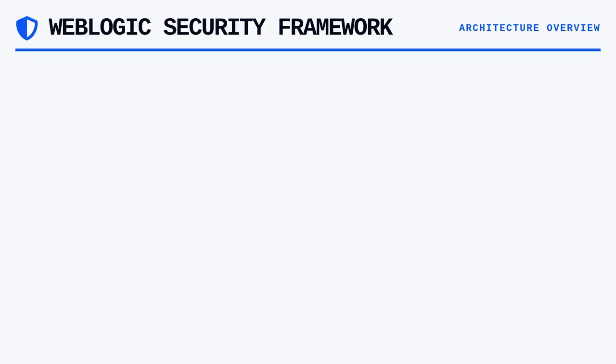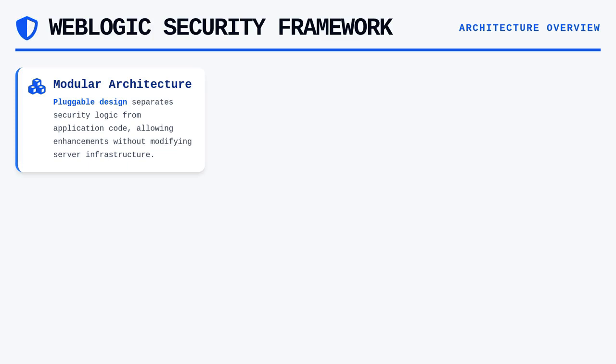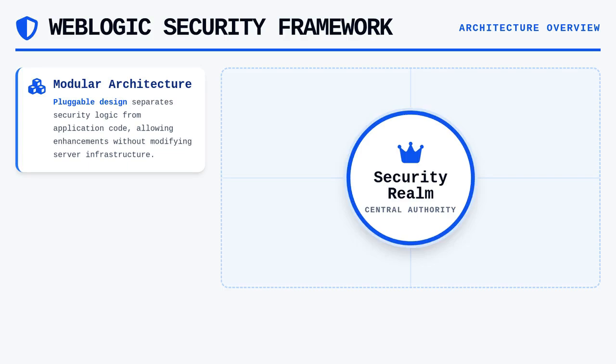The WebLogic Security Framework is designed around a modular, pluggable architecture that separates security logic from the application code itself. This abstraction is critical because it allows administrators to swap out or enhance security components without modifying the underlying server infrastructure. At the heart of this design is the security realm, which acts as a container for all security-related configurations, including users, groups, and global policies.